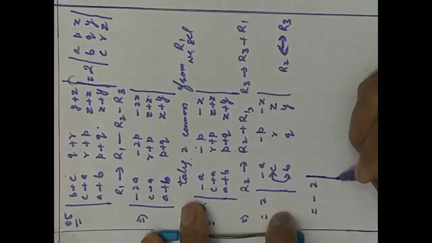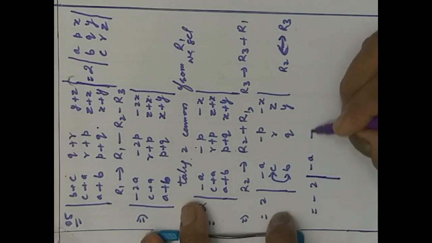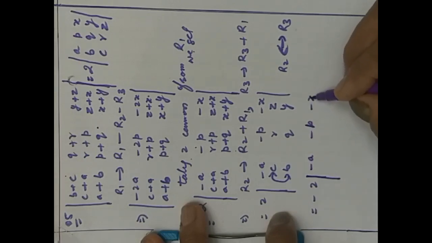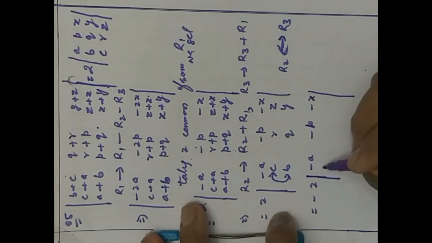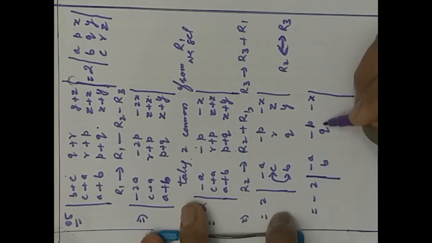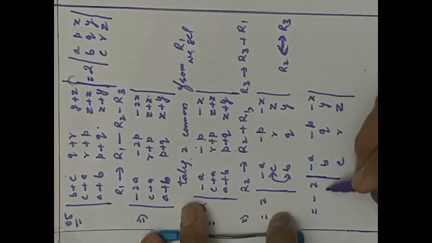So first R1 will remain the same: minus A, minus P, minus X, and then here we have B, Q, Y, and C, R, Z. These two exchanged, because of that this minus came out.